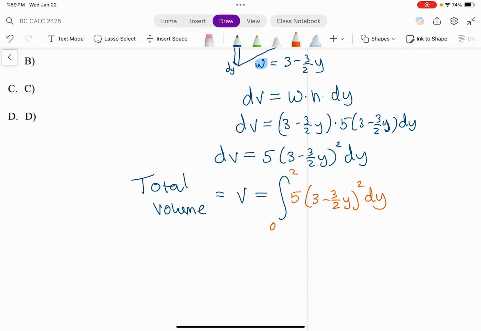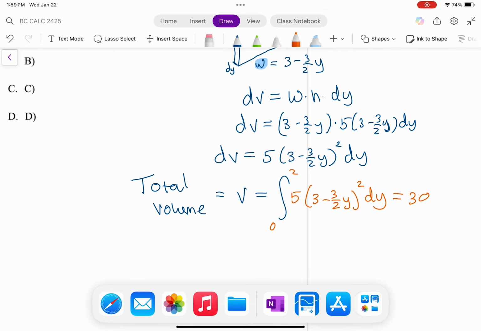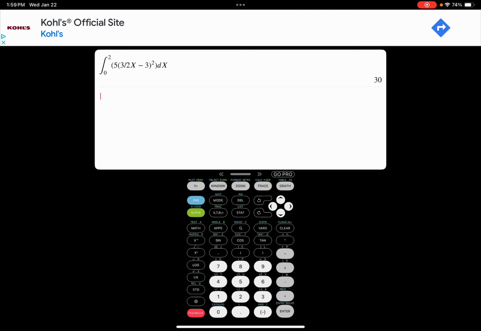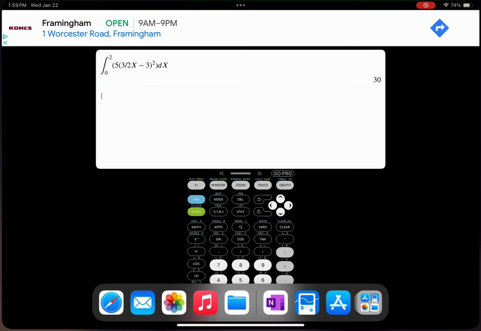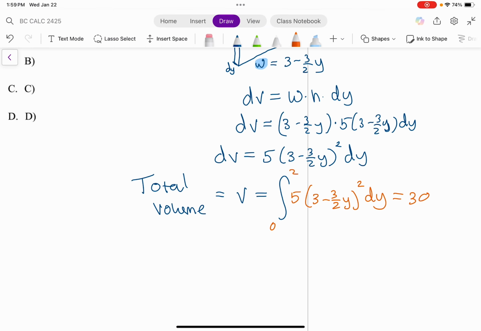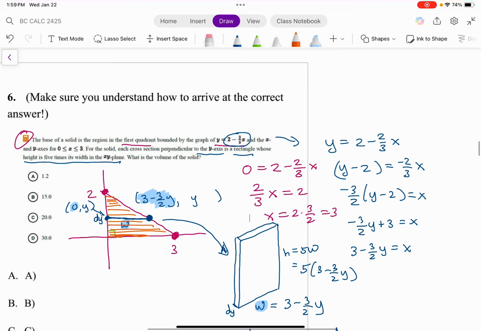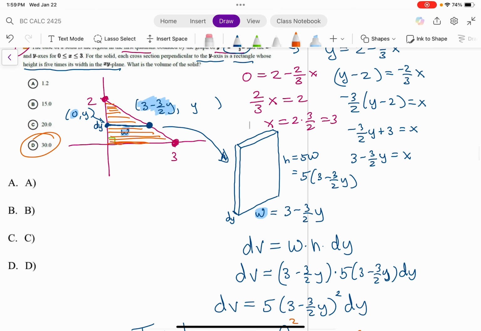This is where we'll appeal to our calculator. I'm pretty sure this is 30, but let me show you on the calculator what I put in. Yep, that's what I put in, and you get 30. Okay, and so there's our answer.